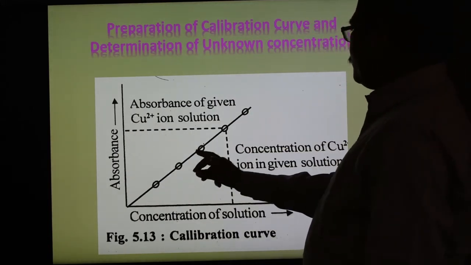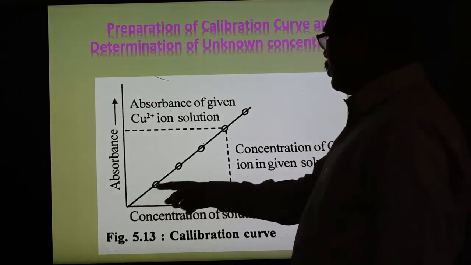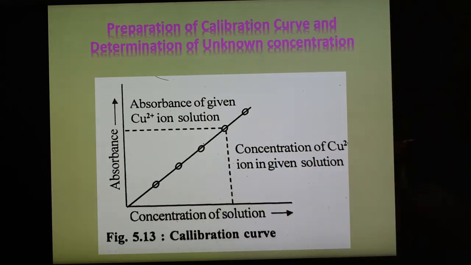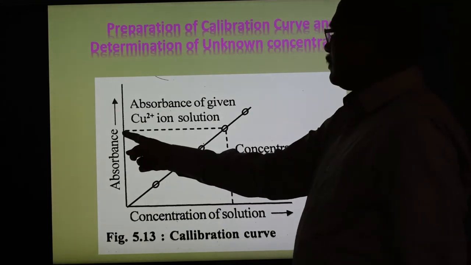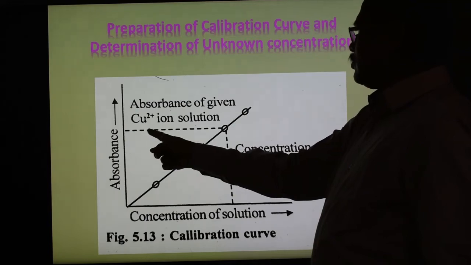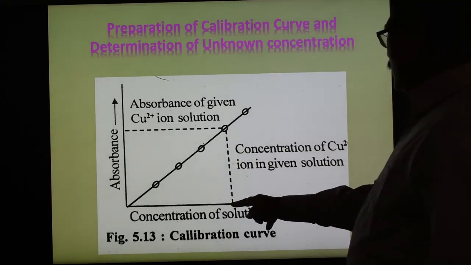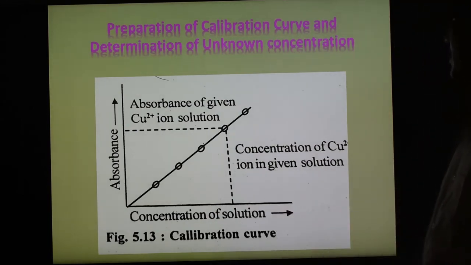The points obtained lie on one line, and a straight line is obtained passing through the origin, which verifies the Beer's law. Now take the absorbance of the unknown solution. Suppose the absorbance of the unknown is here, then draw a line from here on this calibration curve, and the corresponding value here is the concentration of that unknown solution.